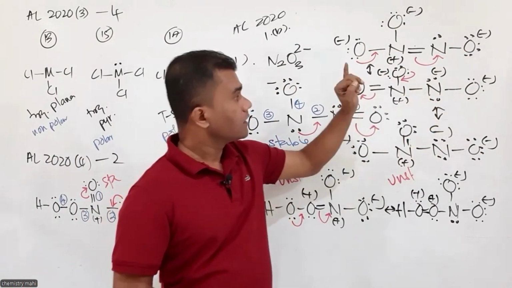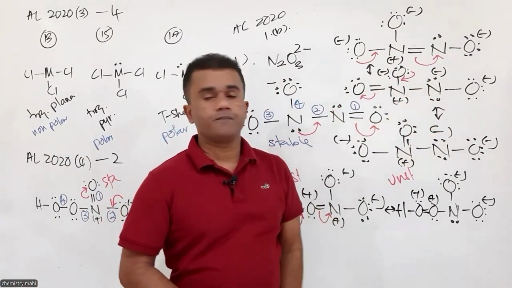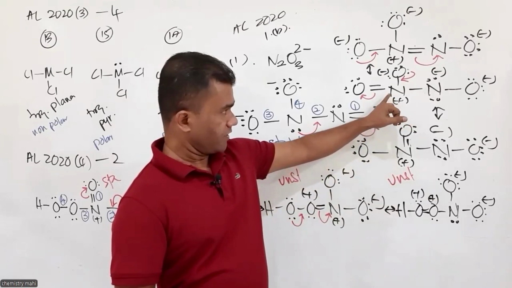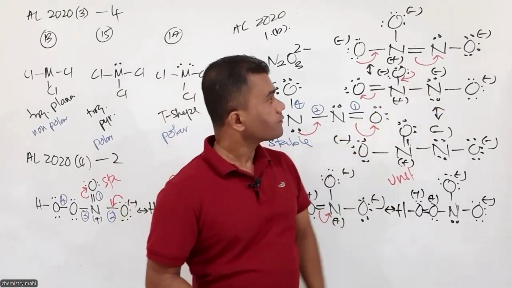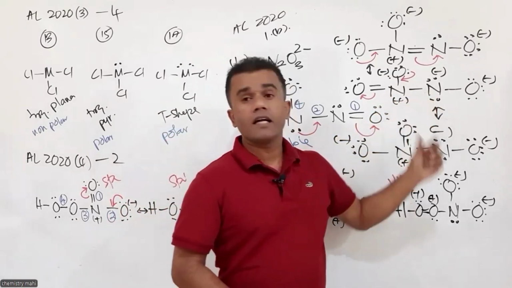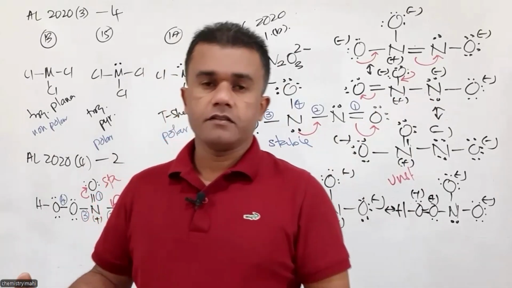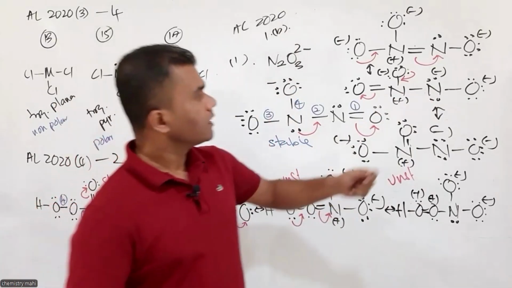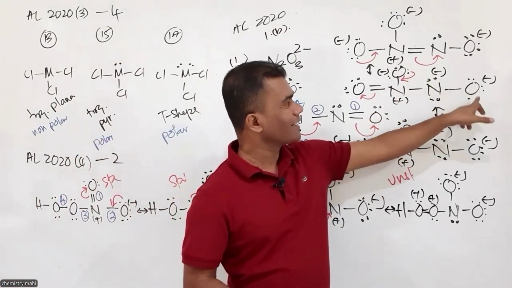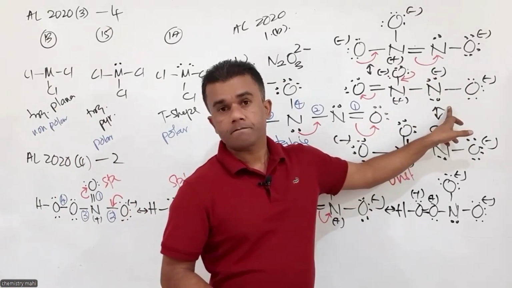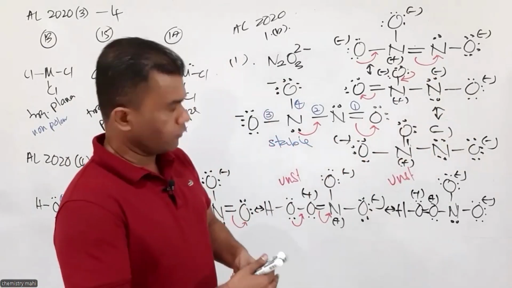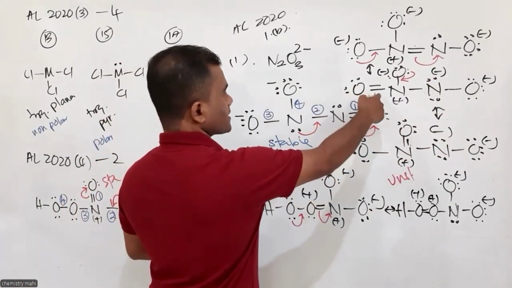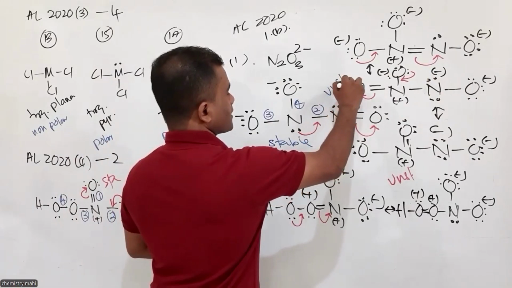You see, nitrogen. If it is nitrogen, they can't have plus minus. Nitrogen means the same electronegativities. And next, adjacent atoms have negative charge here. Unstable. So therefore, you definitely identify this structure as an unstable structure.